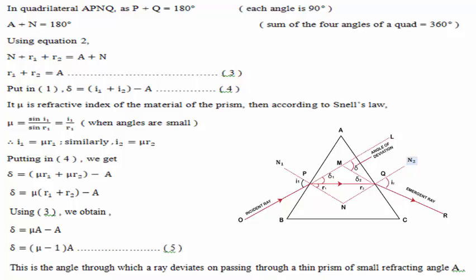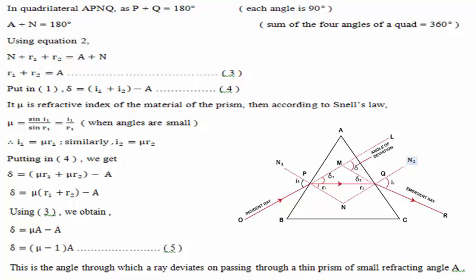If these angles are very small, then we can write it as I1 divided by R1. Therefore, I1 is equal to nu multiplied by R1. Similarly, we can write I2 is equal to nu multiplied by R2.